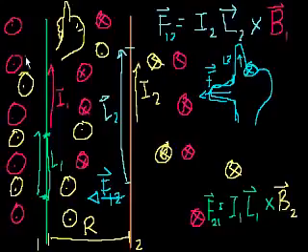So let me draw my hand. And just so you know, before I do any of these, I actually look at my hand to make sure I'm drawing the right thing. So my index finger is in the direction of L1, which is the same as I1. And then my middle finger is going to do what the magnetic field is doing, so it's actually going to point straight up.